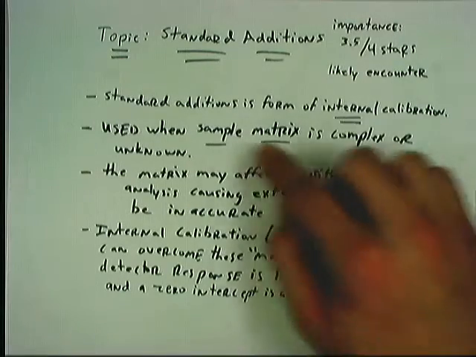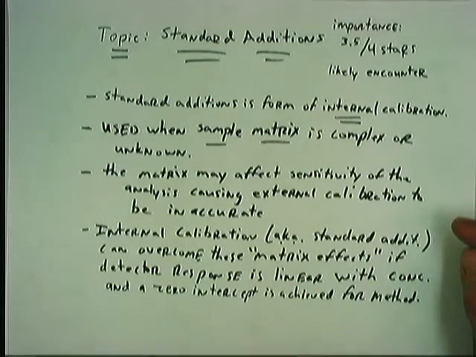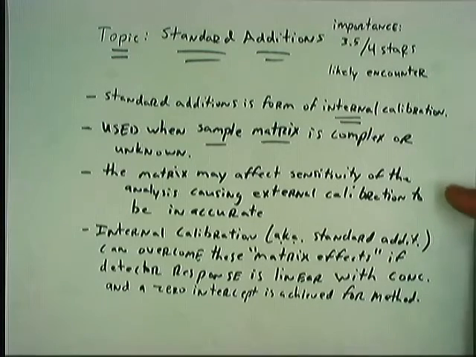Again, this phrase, sample matrix, is important to you. What that is, is everything else in the sample except for the analyte. The reason why the sample matrix is important is because other substances in the sample matrix can affect the sensitivity of the analysis. And if we use external calibration to run our quantitation, it's pretty likely that the result might be inaccurate.